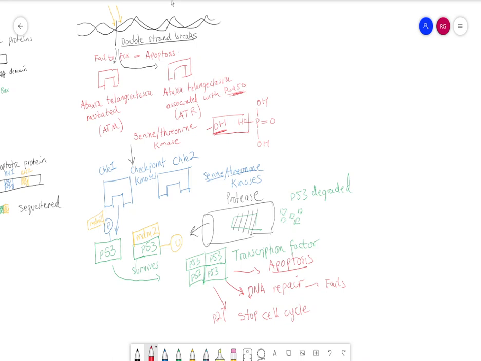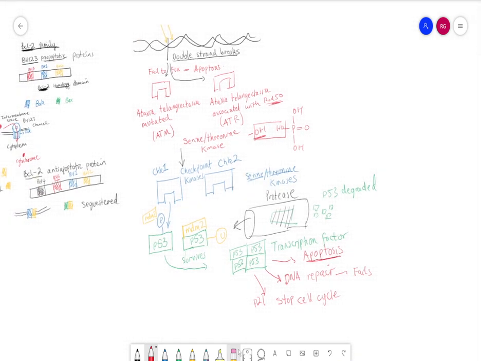We can't risk having a cell that's going to be mutated. So we'd rather trigger apoptosis. And how is this going to trigger apoptosis? Well, this p53, I should actually have drawn the apoptosis arrow slightly over here. So how is it going to trigger apoptosis?